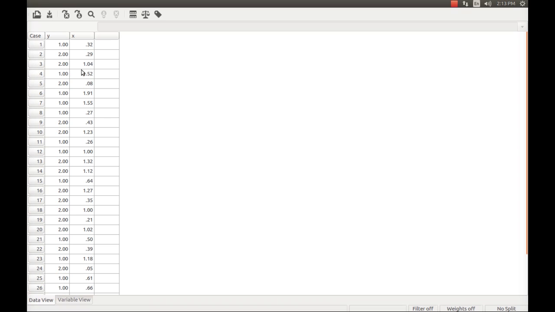Why? Because SPSS converts these values into 0, 1. So it makes meaning if I assign unfavorable to 1 and favorable to 2, and go to the variable view.